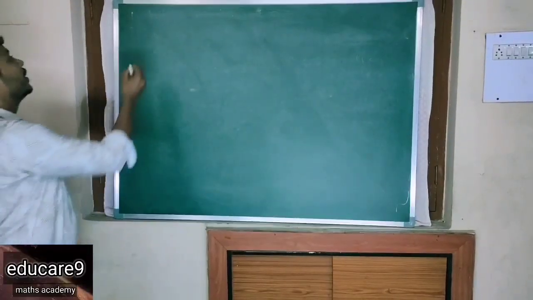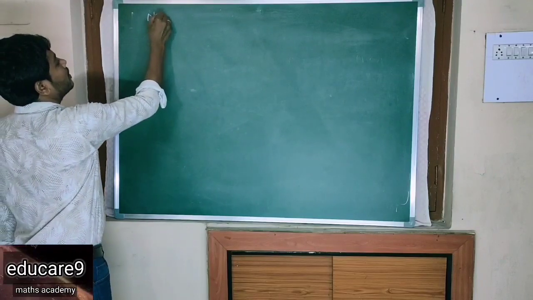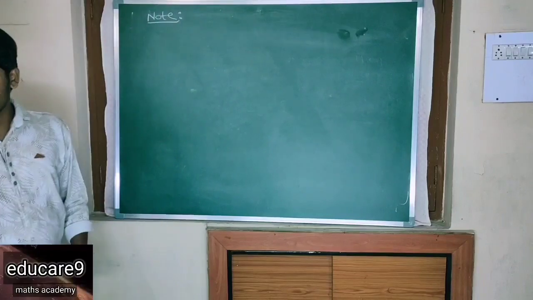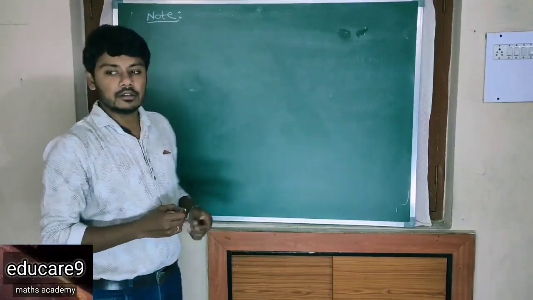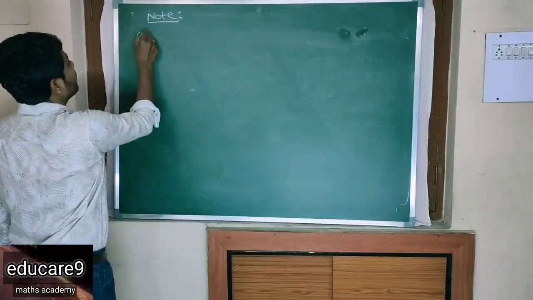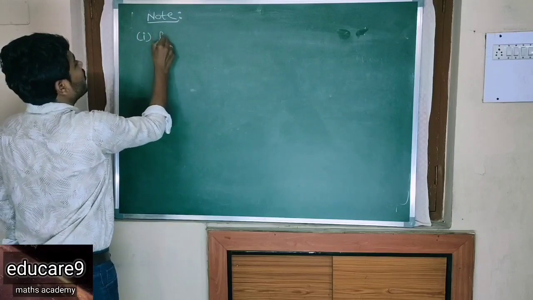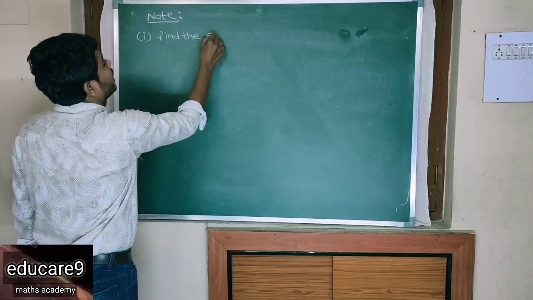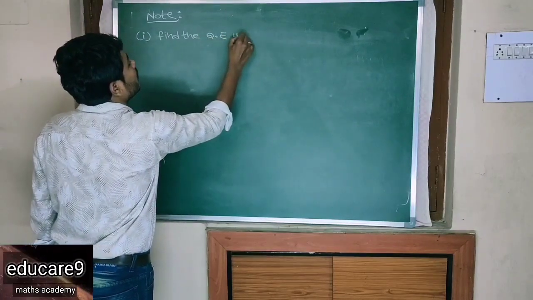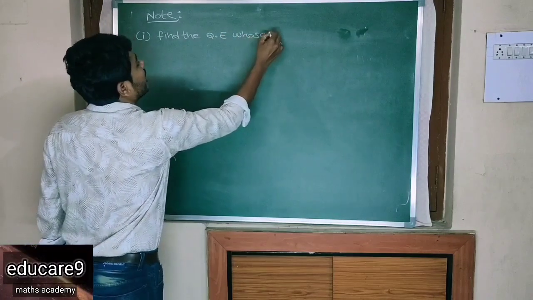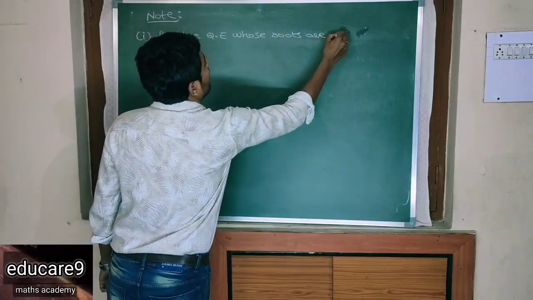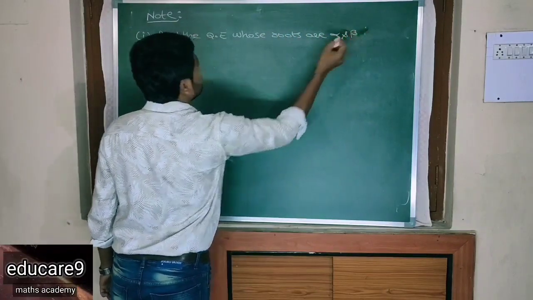So next, note. Find the quadratic equation whose roots are alpha and beta.